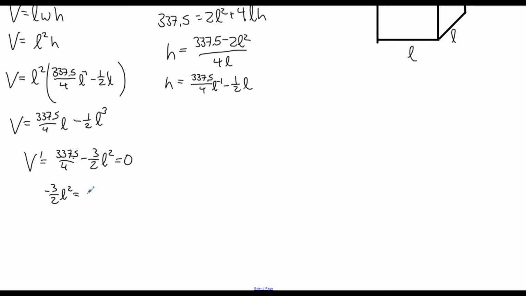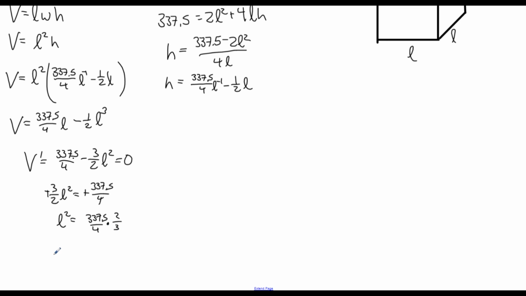It'll be negative 337.5 over 4. I've got a negative and negative, so I can make it a positive. I divide both sides by 3 over 2, which would be like multiplying by 2 over 3. So L squared equals 337.5 over 4 times 2 over 3.